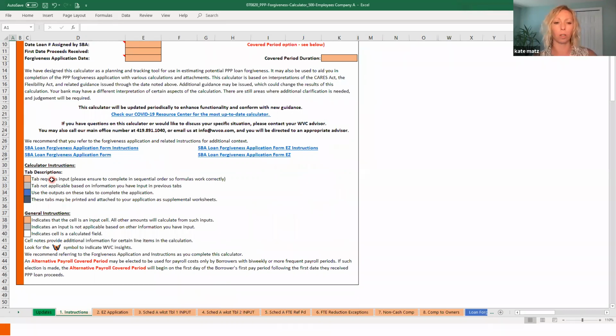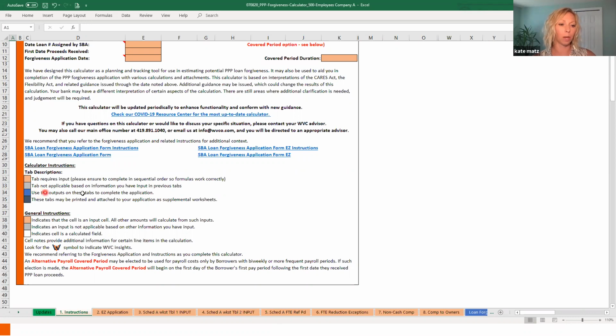You should take a look and see if based on your particular circumstances, there's something that you're going to need to input there. Gray tabs mean that you do not need to have anything that you're going to input on that tab. And this will be gray based off of things that you're going to input on earlier tabs. So we'll see this happen. Right now, there are no gray tabs, but as we start to work through, we'll see that some of them turn gray based off of the inputs that we use.